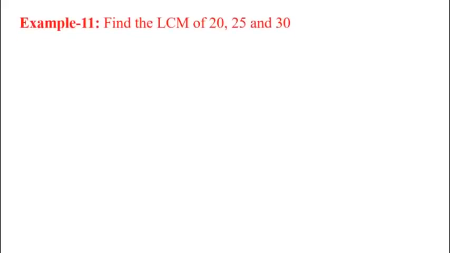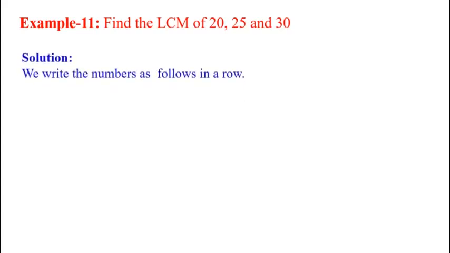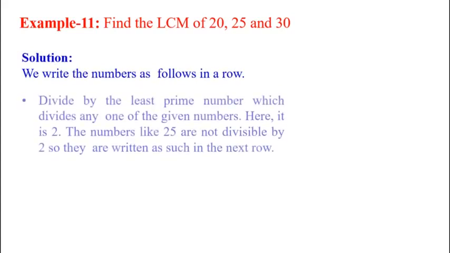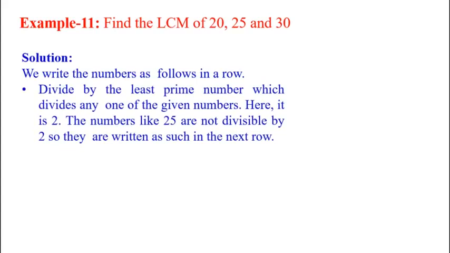Example 11. Find the LCM of 20, 25 and 30. Solution. We write the numbers in a row. Divide by the least prime number which divides any of the given numbers.